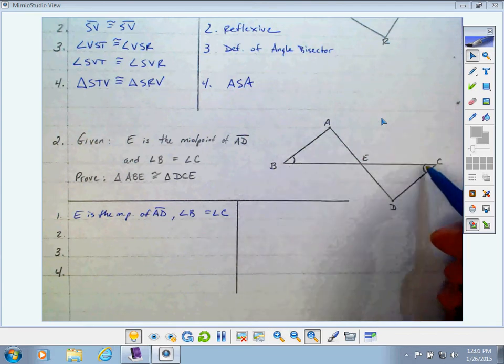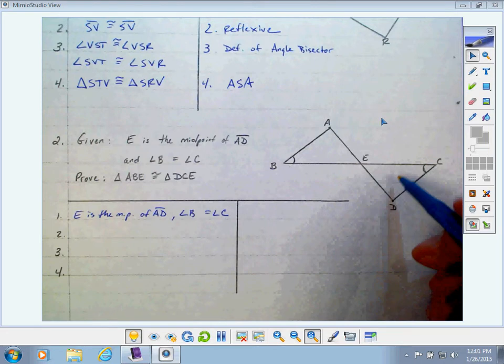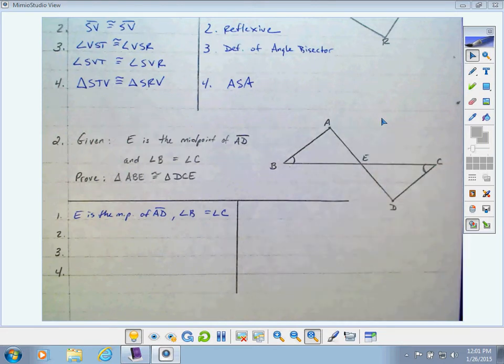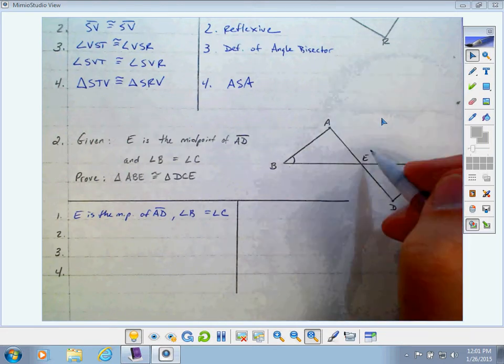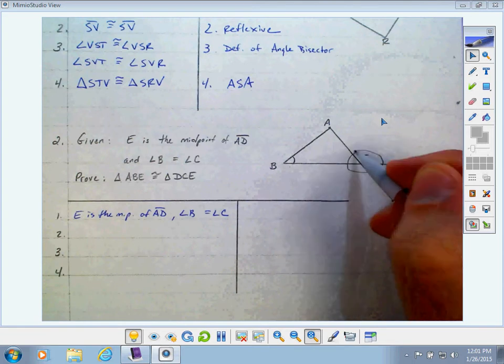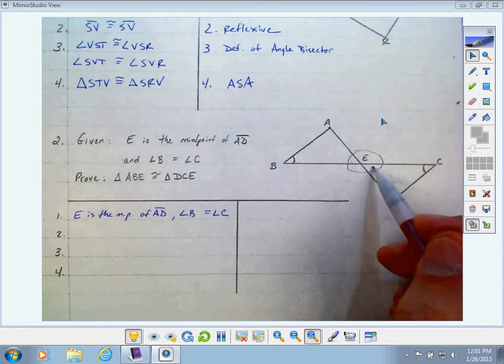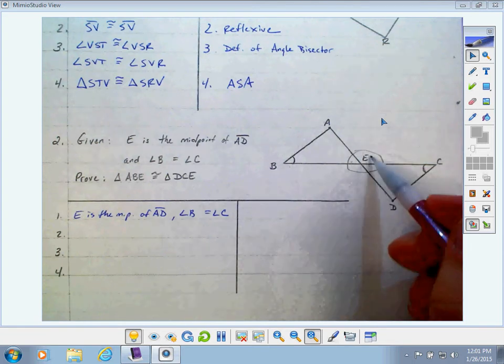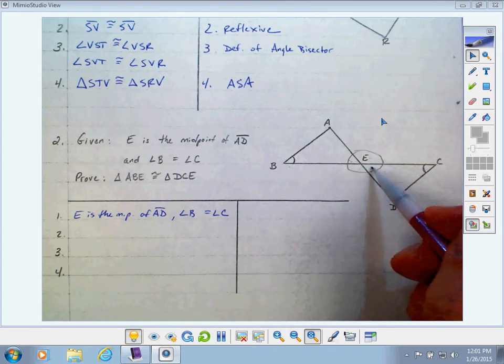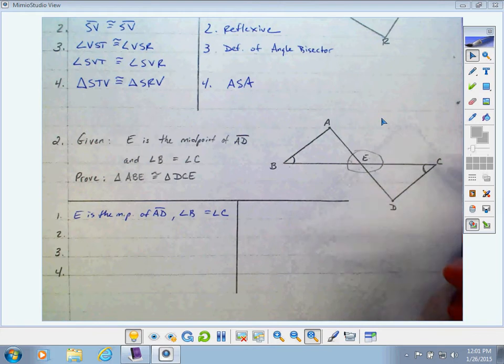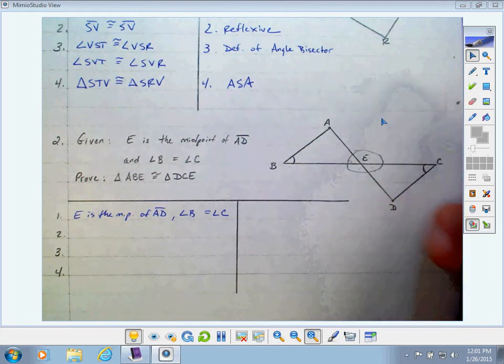When I see an X, I think about vertical angles. Vertical angles mean that when you have an X, it creates 4 angles right in here. 1, 2, 3, and 4. And the 2 across from each other, like this one and this one, and this one and this one, they're guaranteed to be equal. It doesn't have to be written in the picture. You would know that automatically.